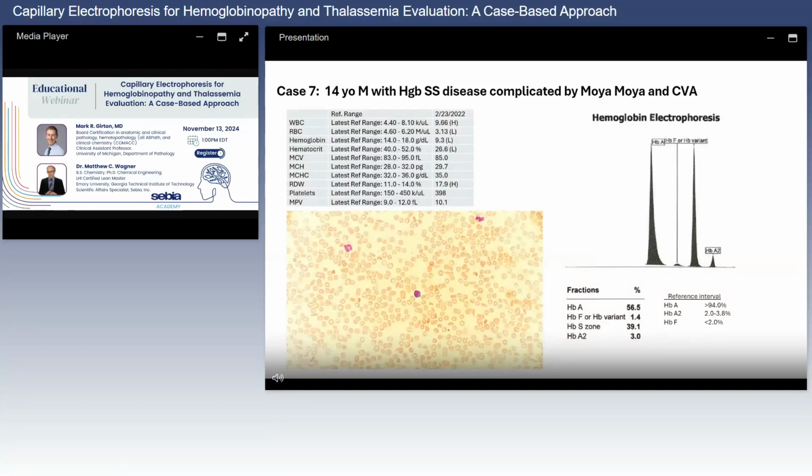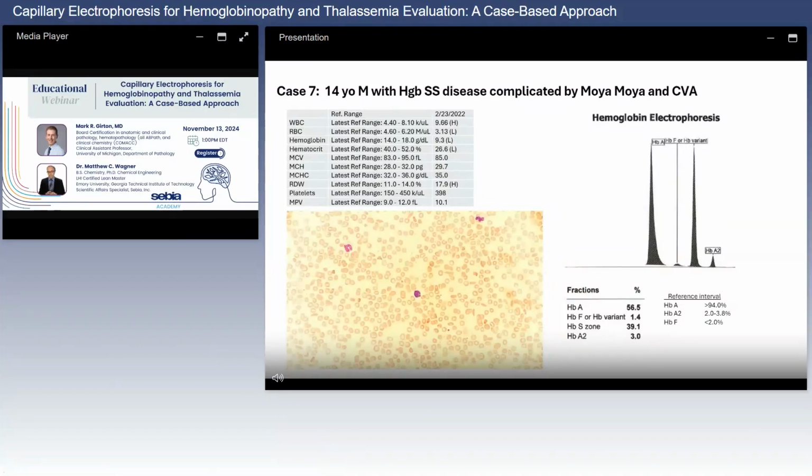And on radiologic imaging, this appears as puffs of smoke, which is called moyamoya in Japanese, I believe, or roughly translated. And stroke, cerebrovascular accident, is not an uncommon symptom or complication of sickle cell anemia throughout their lifetime.